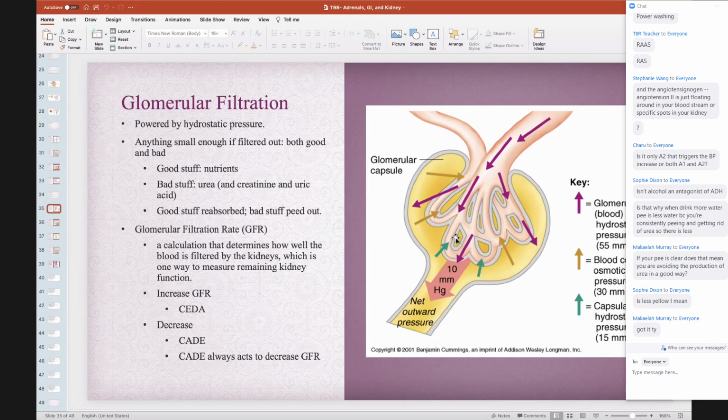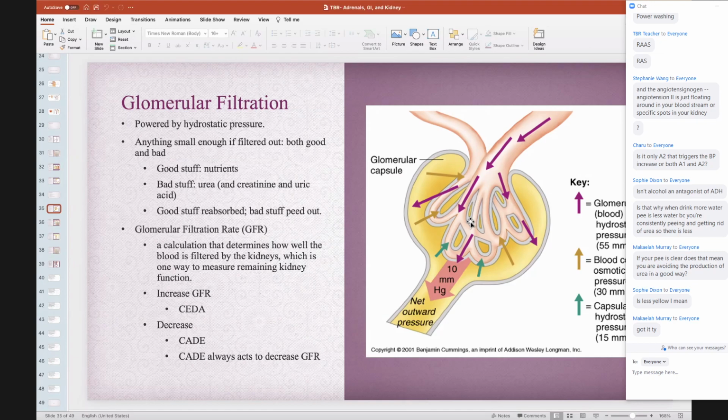So what's happening as we have this hydrostatic pressure, the pressure that is caused by the flowing blood pressing against these capillary walls, it's going to push out anything that is small enough to fit through the fenestrations in these capillaries. So these capillaries have little holes in them. The glomerulus has holes in it that are of a certain size.